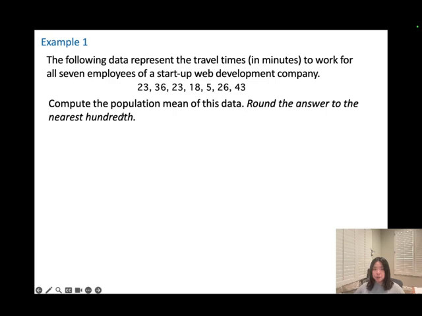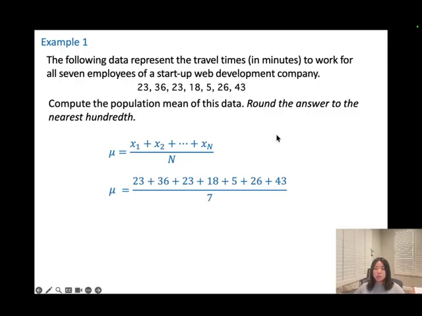Okay, so population mean. Let's write down the formula. I need you guys to write down the notation. And then you're going to add up all the data. So this is all my data. And what is my N equal to? My N will be equal to 1, 2, 3, 4, 5, 6, 7. I have 7 data, so I'm going to divide by 7.